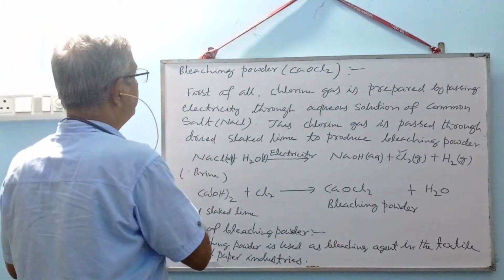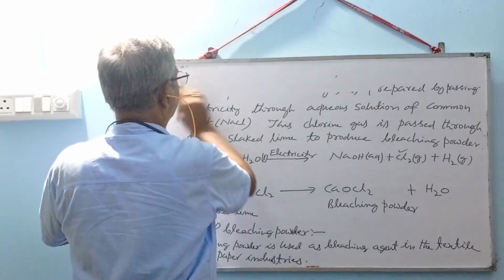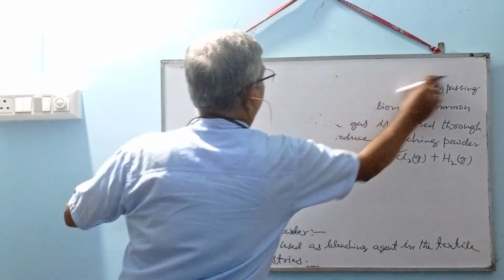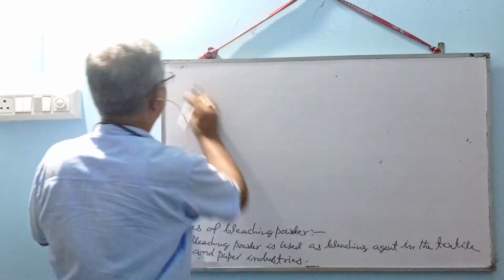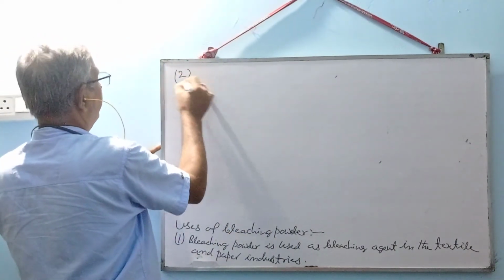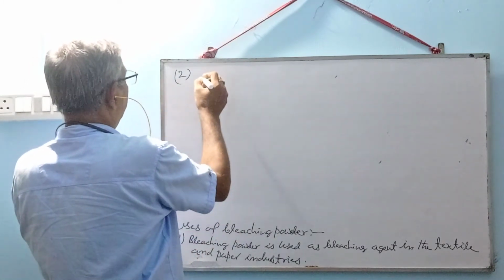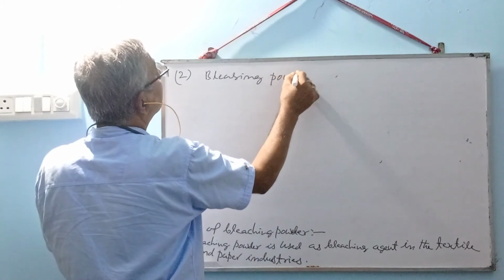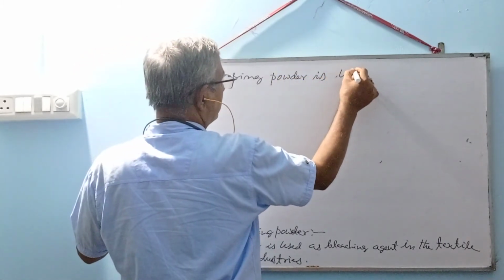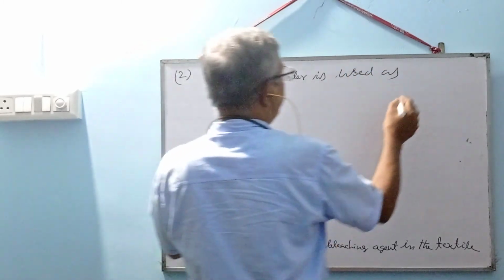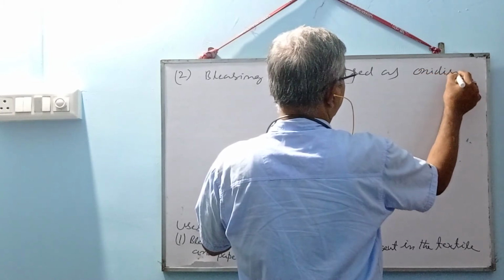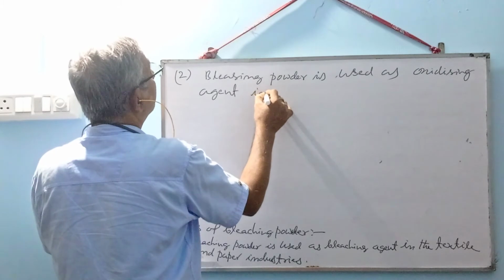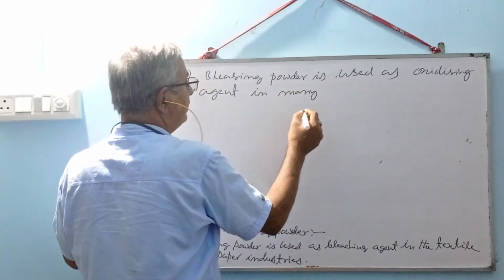Now, second use I am telling you. Bleaching powder is used as an oxidizing agent in many chemical industries.